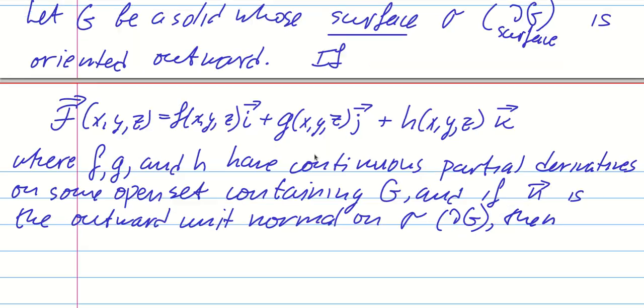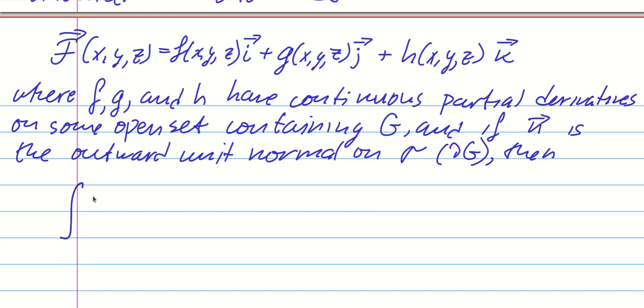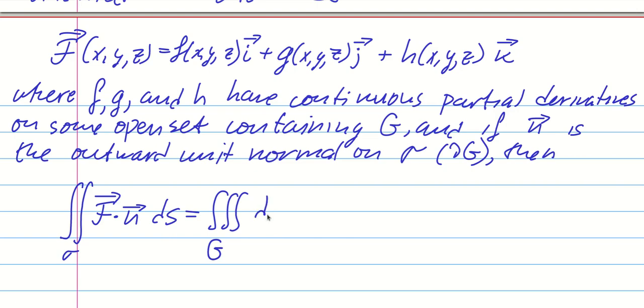Then we can say that the double integral that we use to calculate the flux ds is the same as the triple integral over the solid G of the divergence of F dV, right?